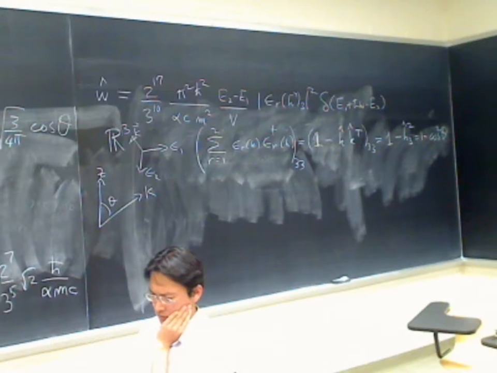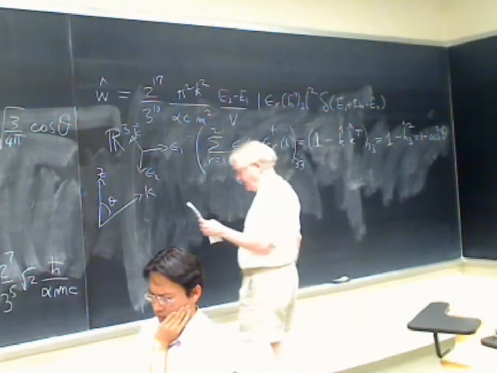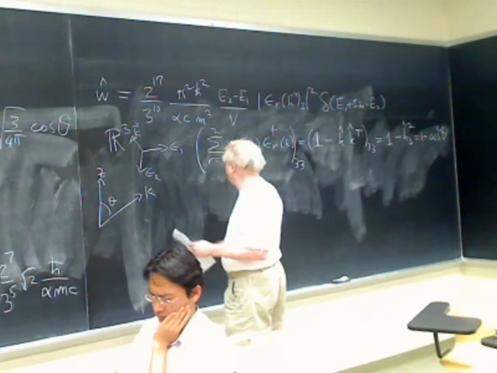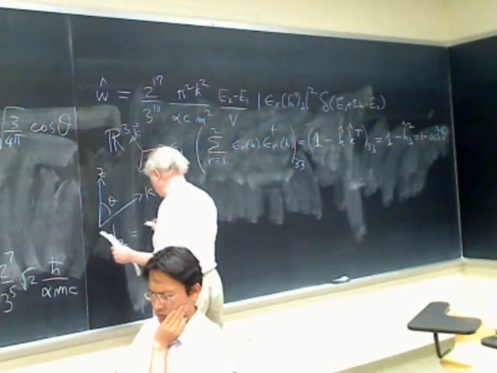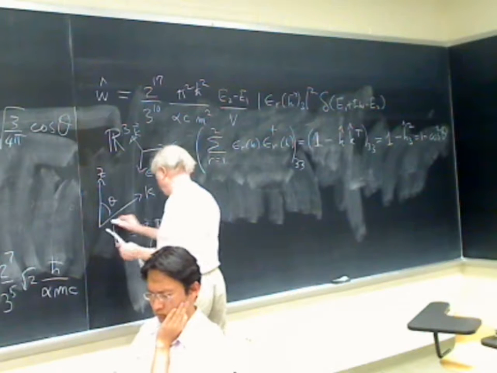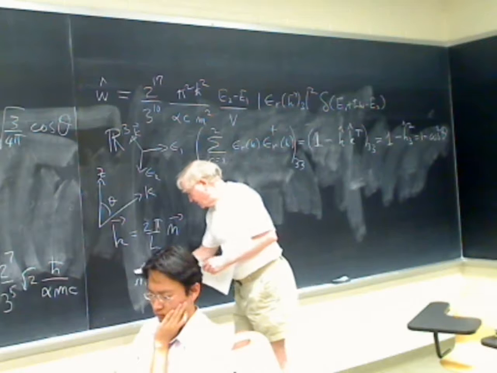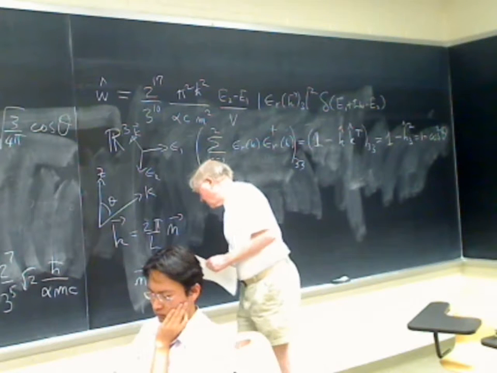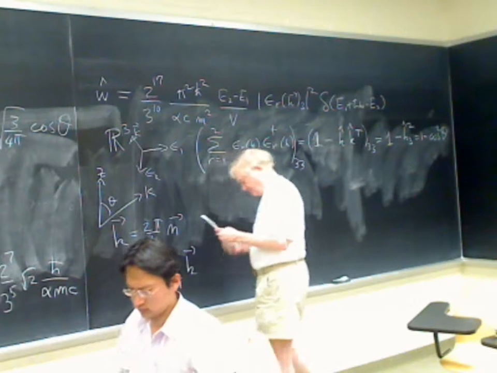Okay, we now have to sum over the momentum and spins of the emitted photon, and as usual, we've done box quantization. K is 2 pi over L, a vector of integers, positive or negative, the vector of integers then is L over 2 pi vector k.